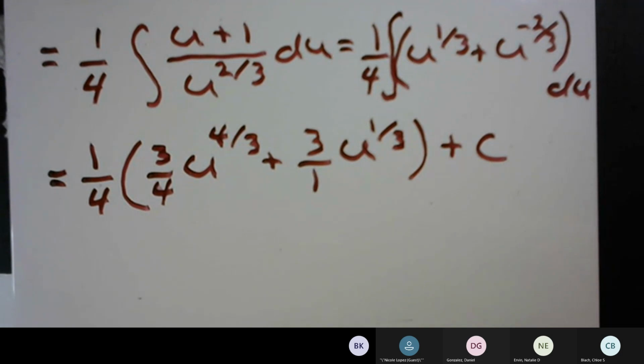Let me give you about 10 or 15 seconds to make any corrections to your notes. And then what we'll do, we'll multiply through by that 1/4.